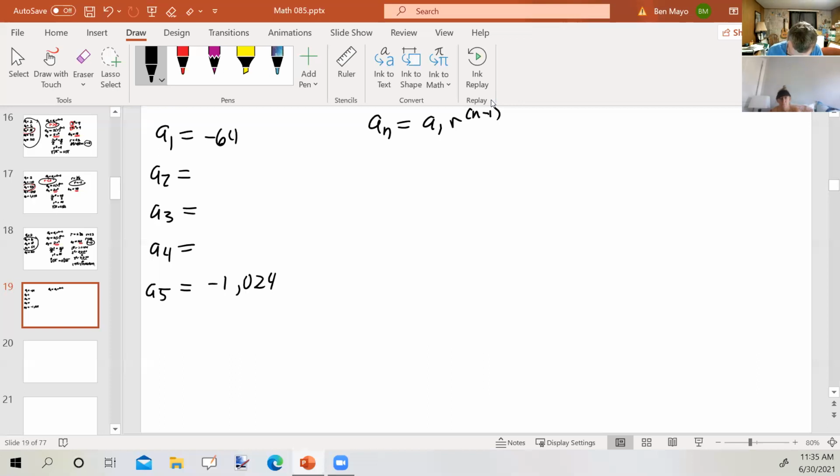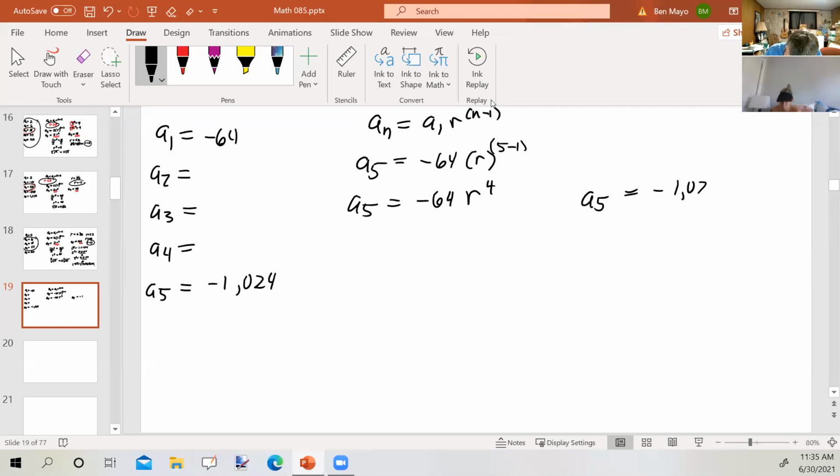All right, so we're going to use the fact that a sub 5 is a sub 1 times r to the 5 minus 1 power. A sub 5 is -64 times r to the 4th power. But we also know that a sub 5 is 1024.